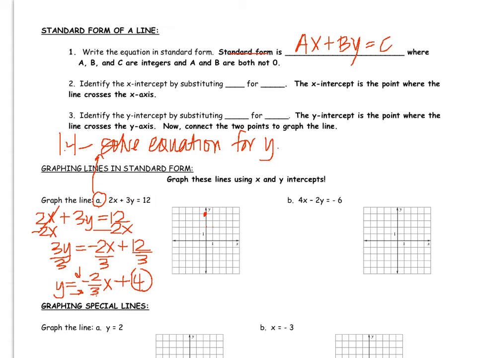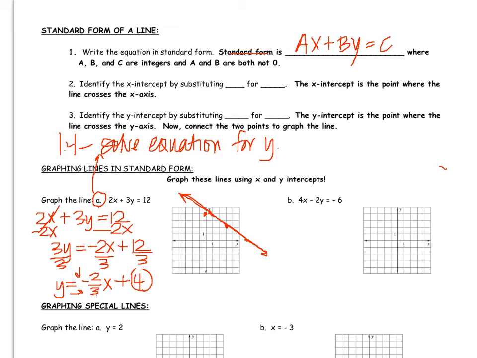So down 2, over 1, 2, 3. I'm going to erase that. Okay, down 2, over 1, 2, and 3 is kind of out here. And I end up getting this line.